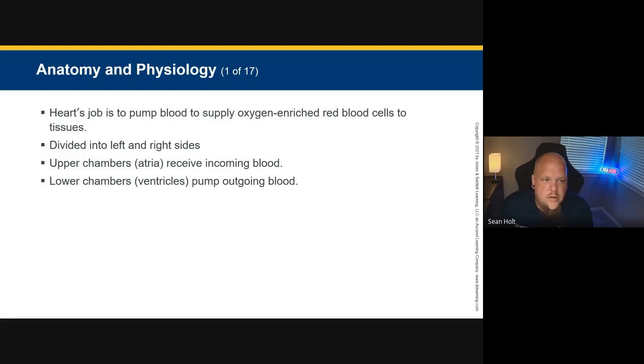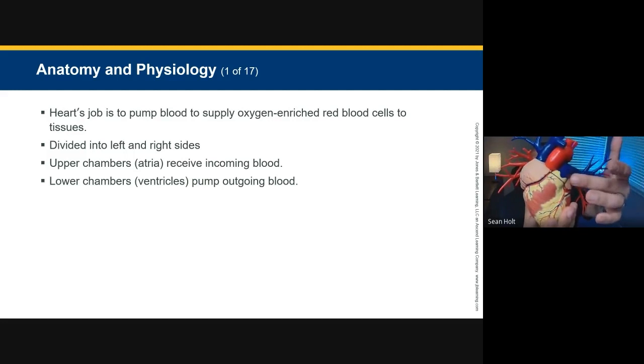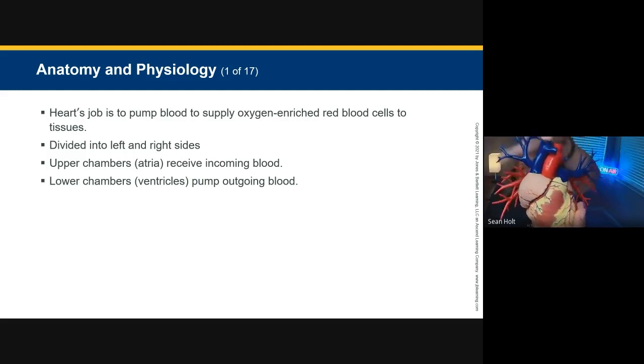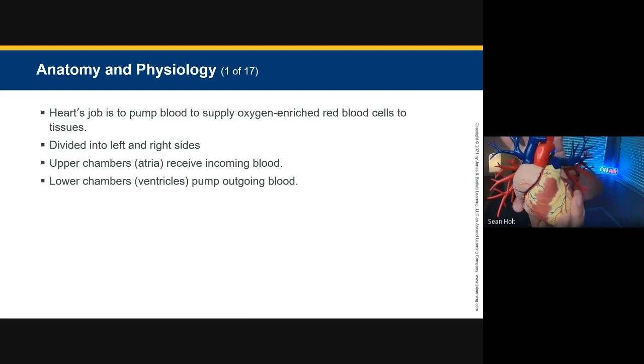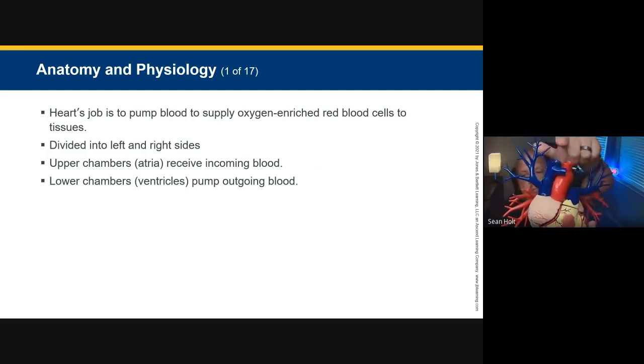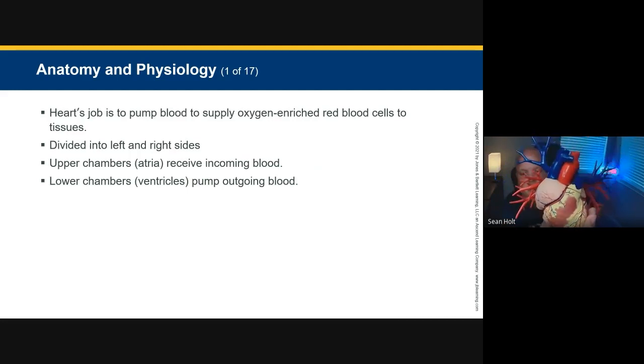So the heart itself, it's divided into left and right sides, okay? We saw that earlier, right here. We're looking at the left and the right, right? The superior and inferior vena cava dump into the right side of the heart. So if you ever see those blue ones coming off, that is the right side, okay? Versus the left side, which is going to be a little bit bulkier.